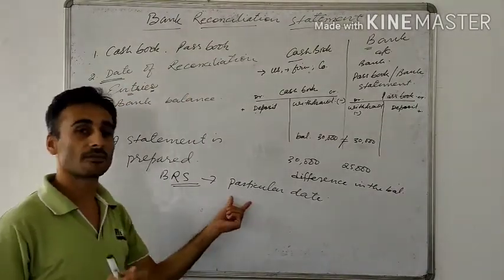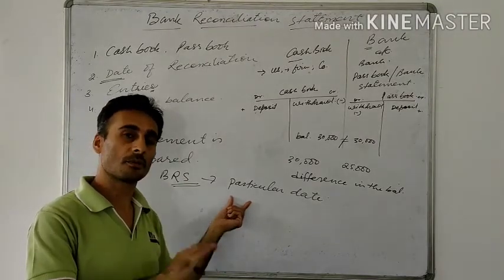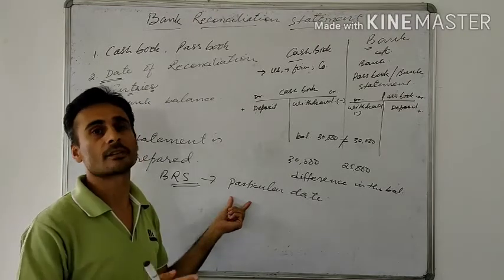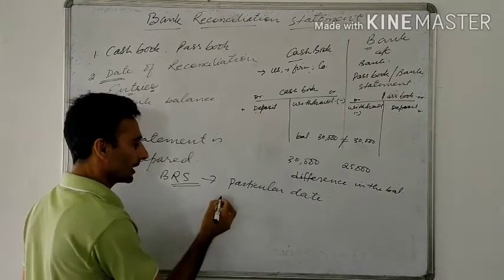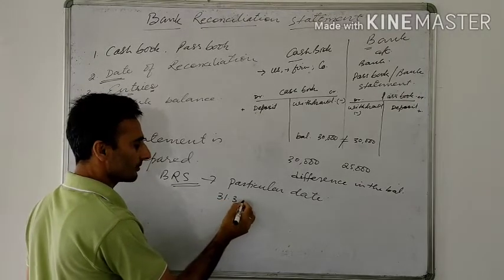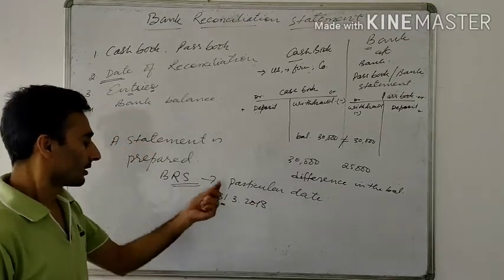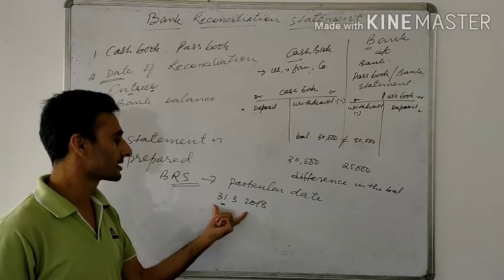Because it is important to find out what transactions are recorded in the cash book but not in the passbook on that particular date. Supposing you are preparing a bank reconciliation statement on 31st March 2018, then you have to find out the entries made within this date.